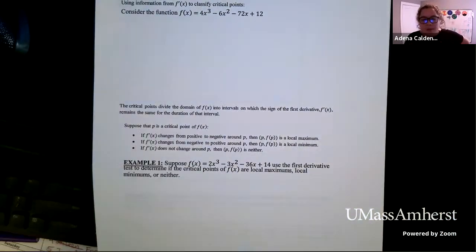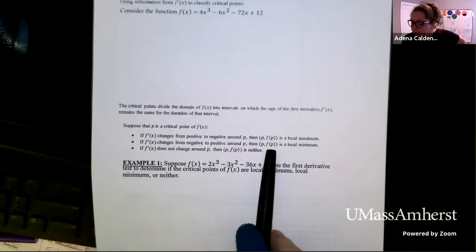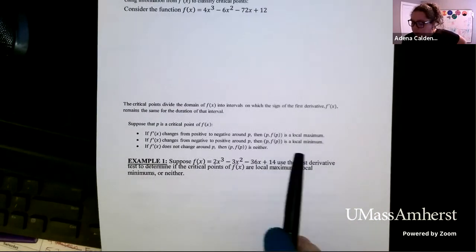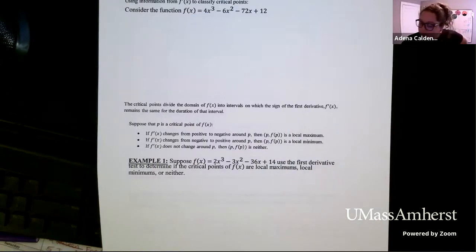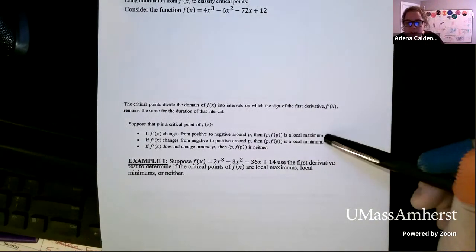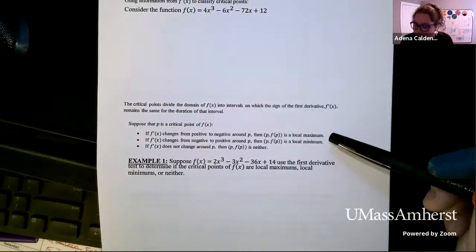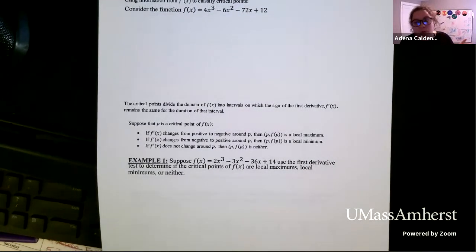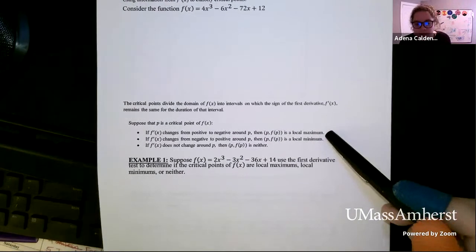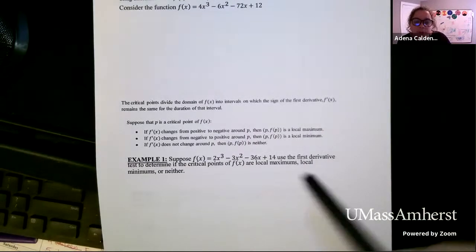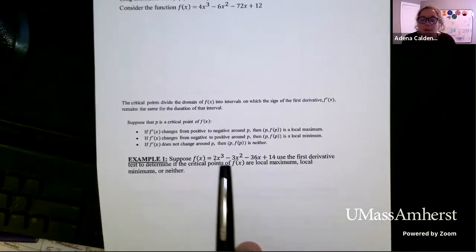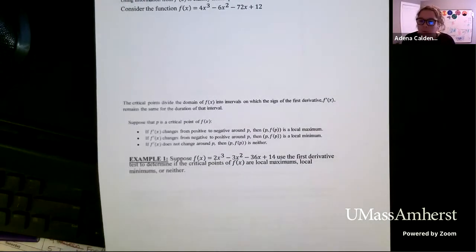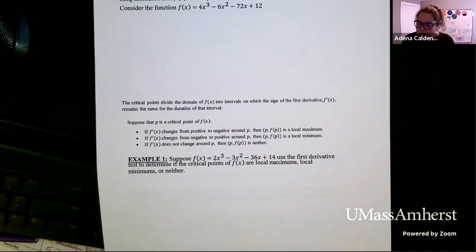If our derivative changes from negative to positive, then our critical point here is going to be a local minimum. And this tracks directly with increasing, decreasing, right? If your first derivative goes from positive to negative, your original function goes from increasing to decreasing, local max. So that's the same as what we were doing before. If the derivative doesn't change, then your critical point is not a local max or a local min. So that's like the weird flat spot.